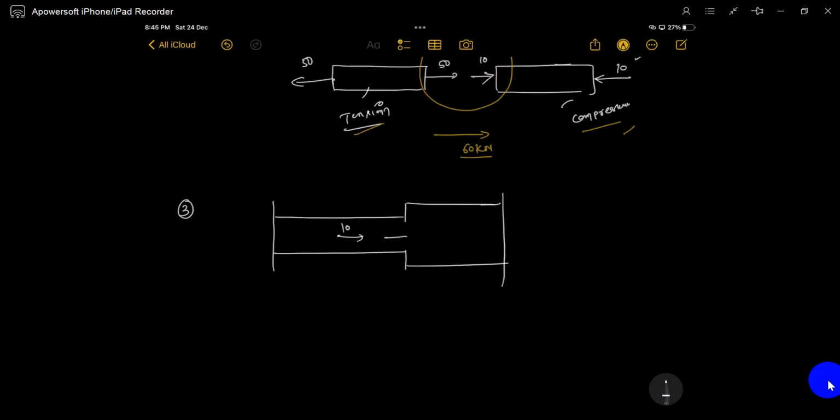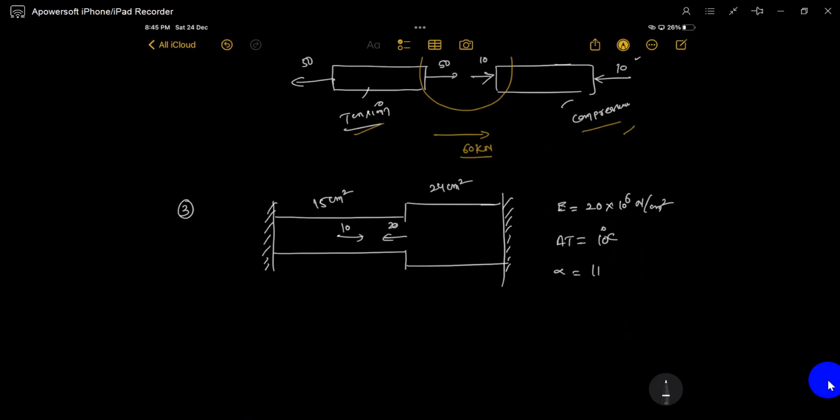Let's say 10, let's say 20. 15 centimeters square, 20 meters square. So Young's modulus is 20 into 10 power 6 Newton per centimeter square. Delta T is 10 degrees.